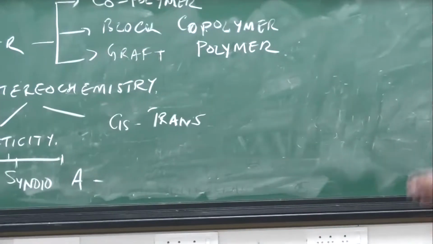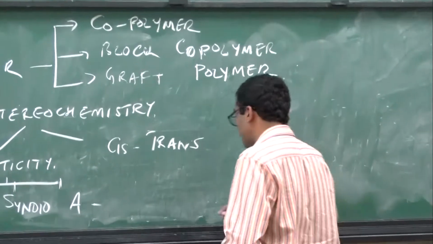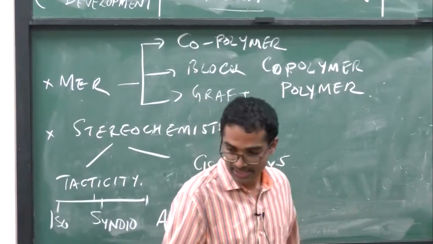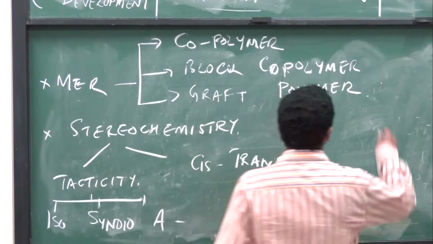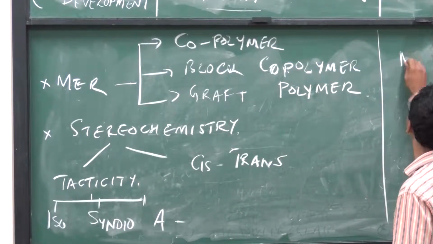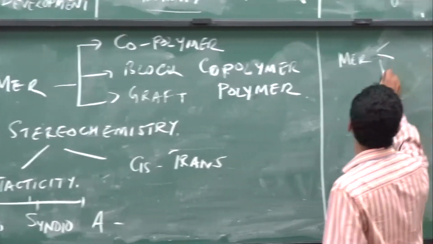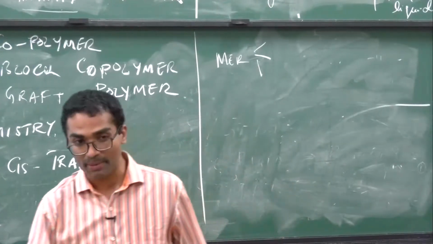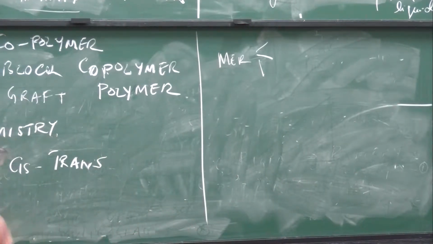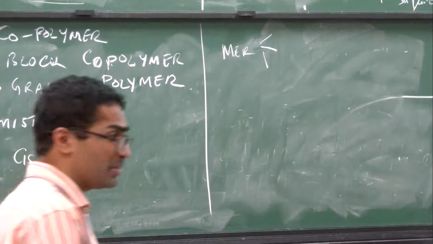So why don't you use your data and help me? Come and write it out here, whatever you know, maybe 2 or 3 keywords. Make a knowledge tree. Come here please. For mer, what are the 1 or 2 items that you want to write? You can make a branch there. Spend 2 minutes, you can discuss with one another also.